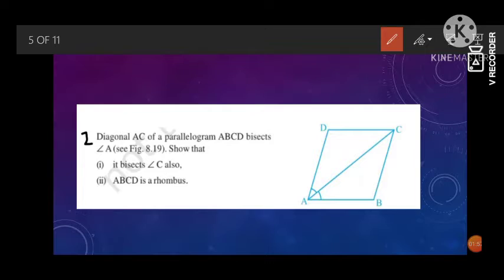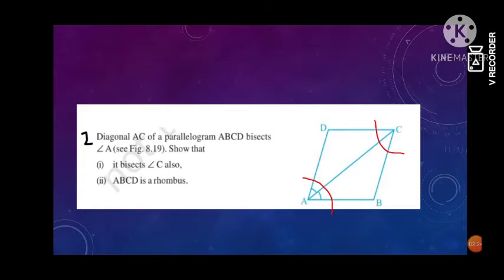Now question number 2. In question number 2, you can see the diagram is given, and it is said that the diagonal AC of a parallelogram ABCD bisects angle A. You can see this diagonal AC bisects the whole angle A. We have to show that AC also bisects angle C and ABCD is a rhombus.